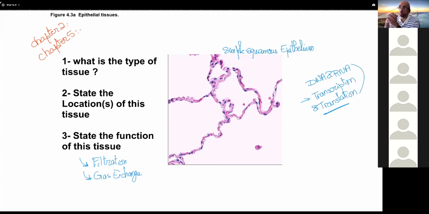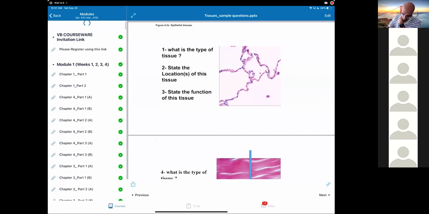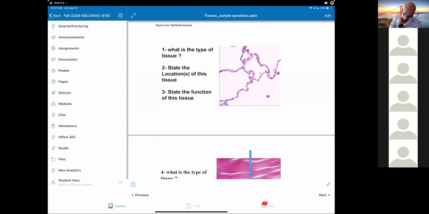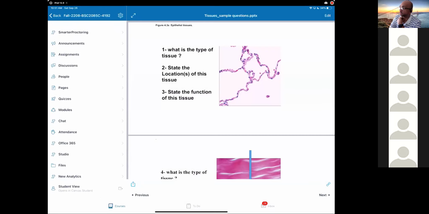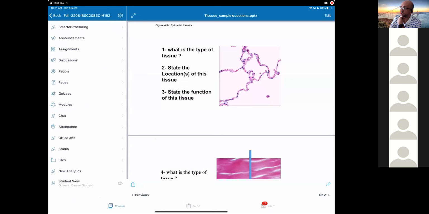The tests should have been opened by now. Just a reminder, the lab exam is going to be accessed through Smarter Proctoring. When you press on Smarter Proctoring, you see the very first tab on the left side.